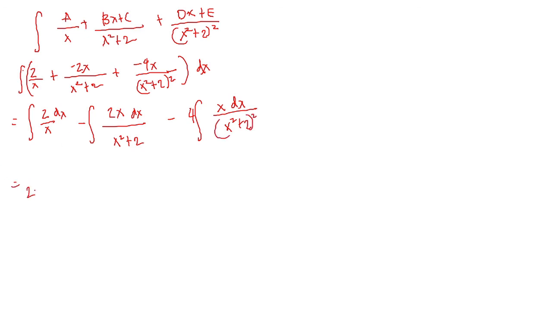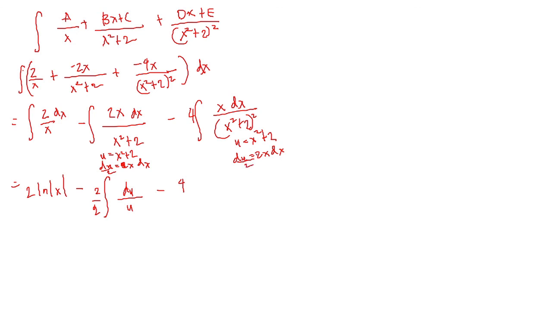So this is 2 ln of x minus, let's let u equal x squared plus 2. du equals 2x dx. Divide both sides by 2, so x dx is du over 2. The 2 cancels, leaving du over u. Then minus 4 times x dx, which is du over 2, over u squared.